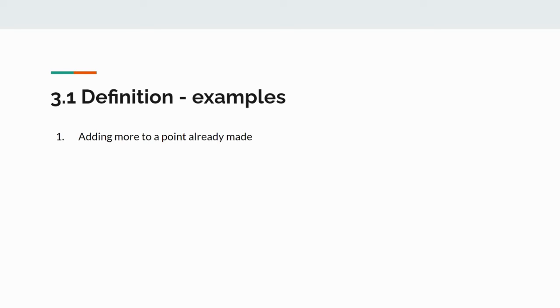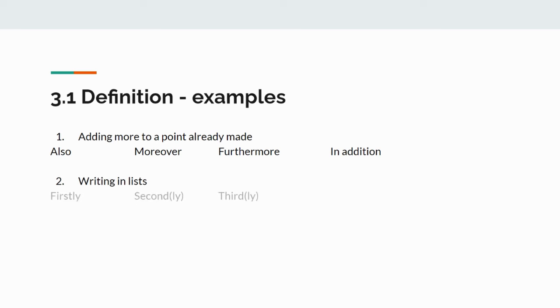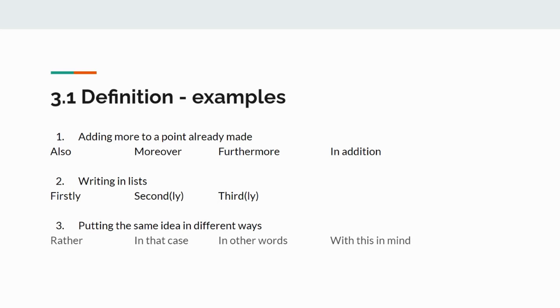Some different definitions and examples of linking words. If you want to add more to a point already made, you can use also, moreover, furthermore, or in addition. If you want to write in lists, first, secondly, thirdly. Putting the same idea in different ways: rather, in that case, in other words, with this in mind.